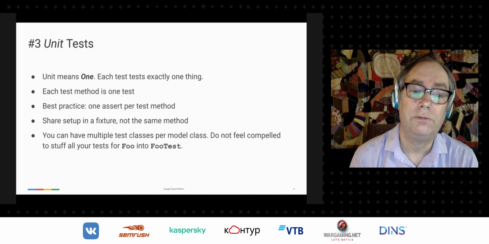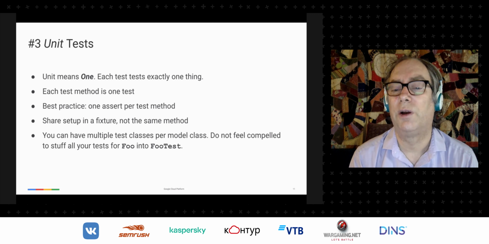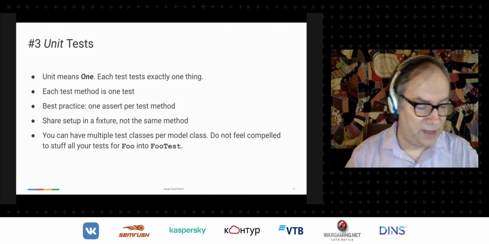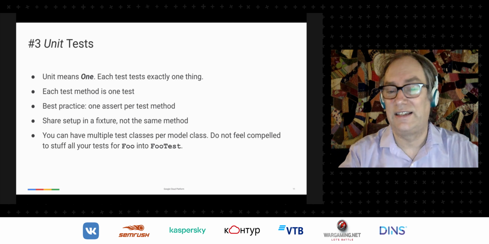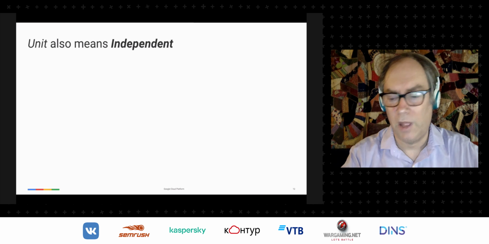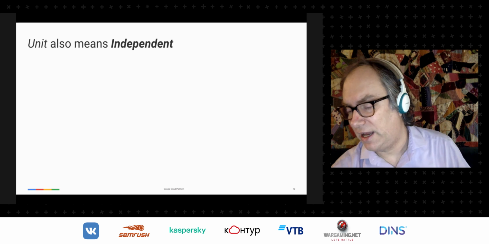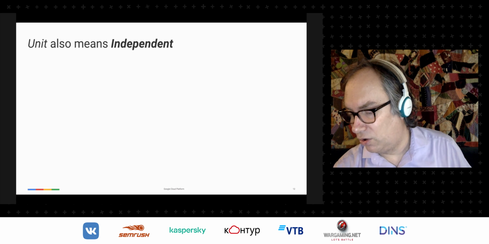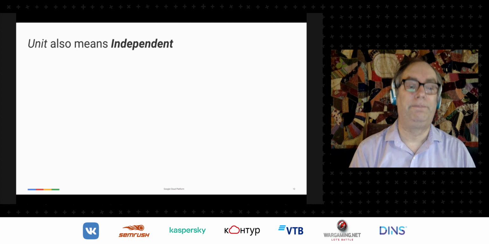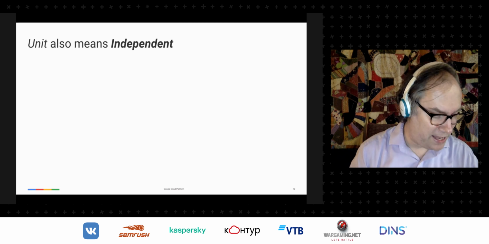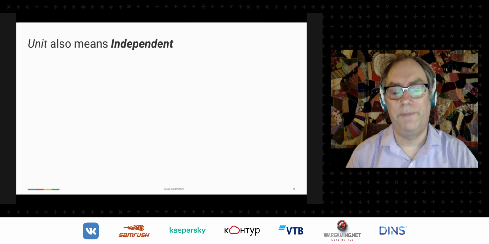And if it helps, use many different test classes per model class. You don't have to stuff all your tests for Foo into FooTest. That's not necessary. Unit also means independent, and this is really important. All your tests should be independent of each other.